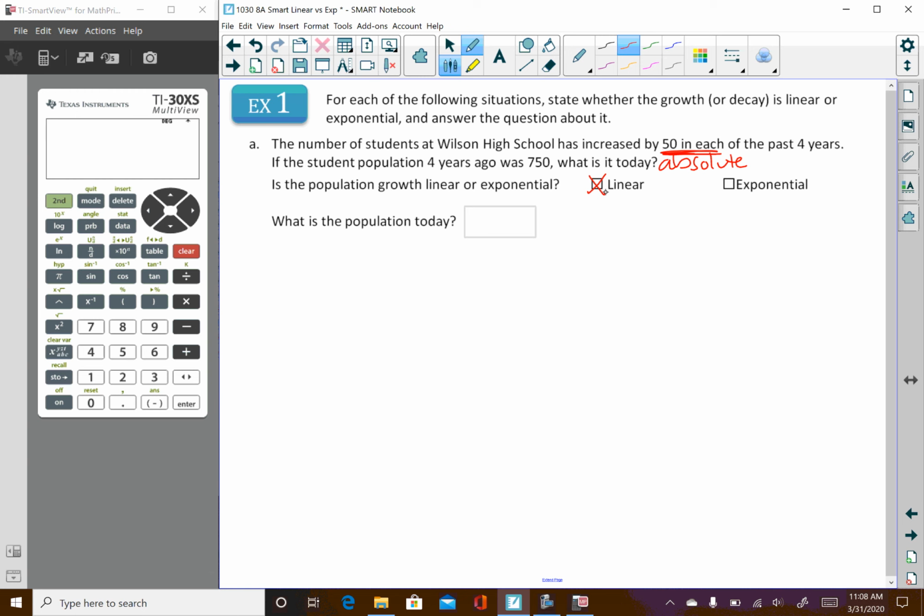So now calculating the population today, I like to think about what I'm starting with. We are starting with 750 students, and then we are adding 50 each year for 4 years. So 50 for the first year, 50 more the second year, 50 more the third year, 50 more the fourth year.